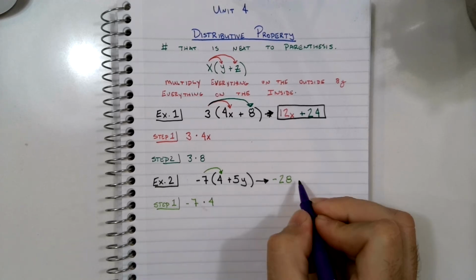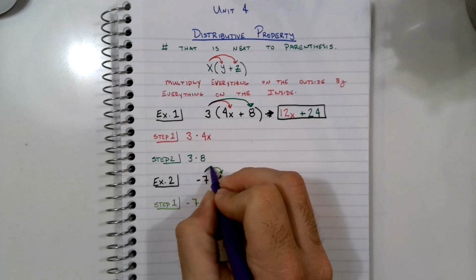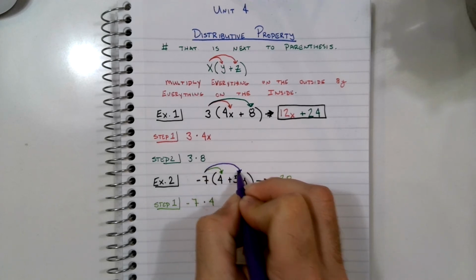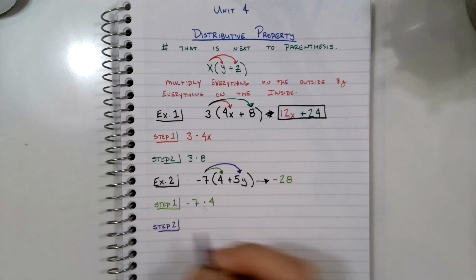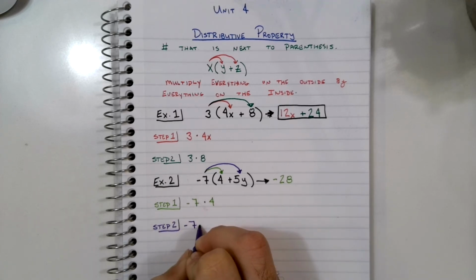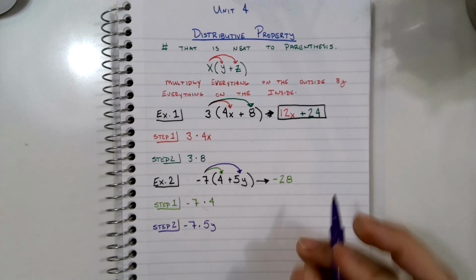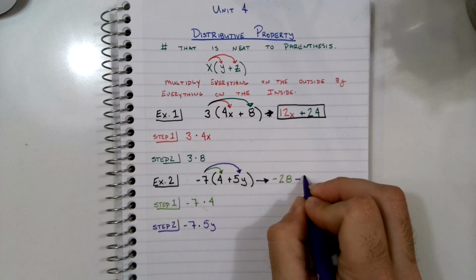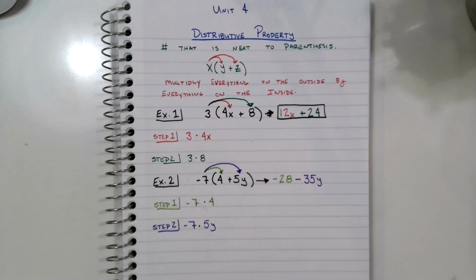Now, here's why you don't just bring this plus sign over, okay? Don't do that. Then I have negative 7 times positive 5y. So step 2, we're going to have negative 7 times positive 5y. Negative 7 times positive 5y is negative 35y.